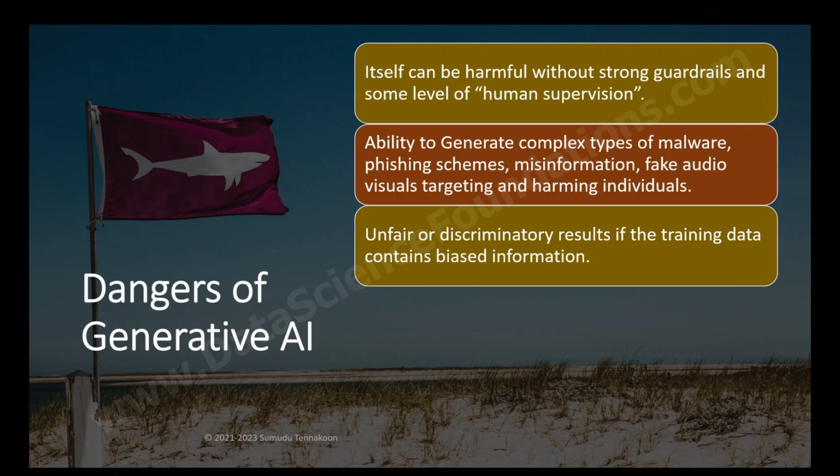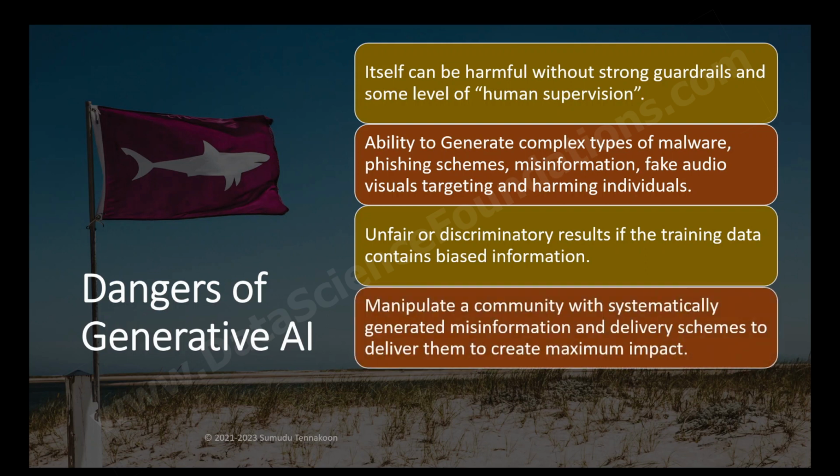This could be a danger that triggers some unsettling situation in the community based on the generated content. Who is to be responsible for it, right? AI is responsible for the generated content, but for the consequences, someone needs to take the responsibility. So we need to be careful about that.